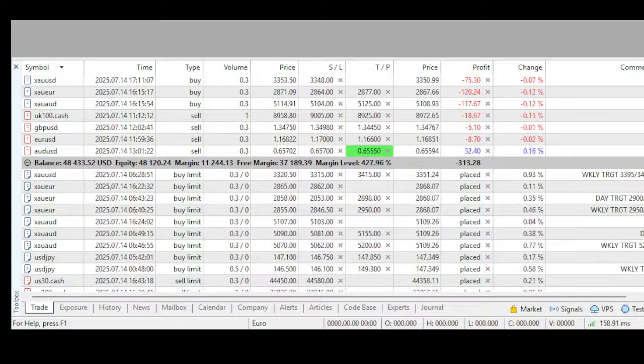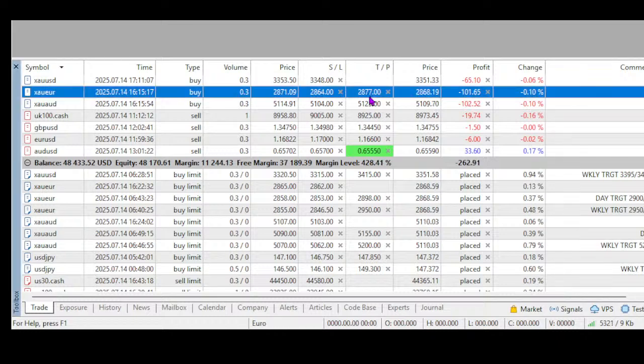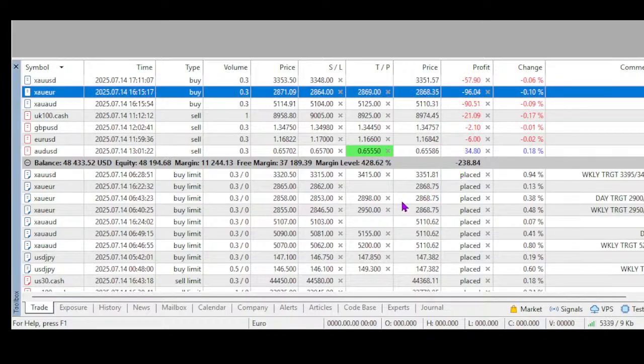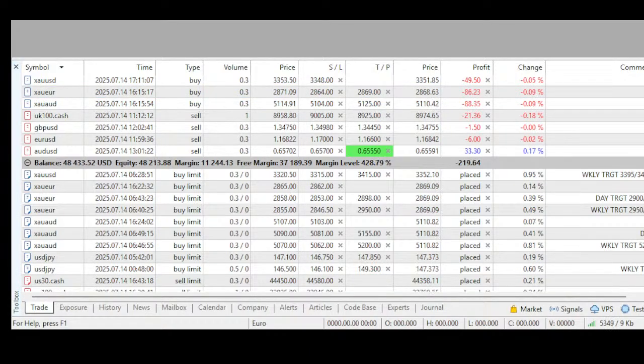So now I think we have to take action, because I don't think we want to lose all this unnecessarily. So what we will do is we will try to reduce, because it's all going against us now. So this gold, I want to close at 69. I want to reduce it. I just feel that this is showing more weakness to be seen.